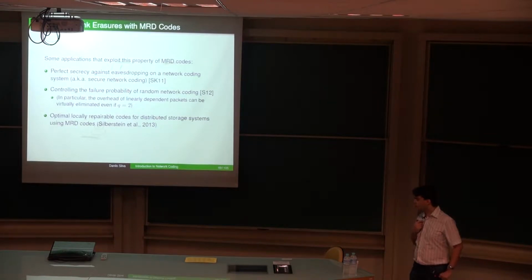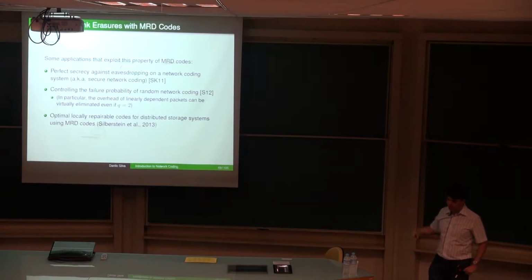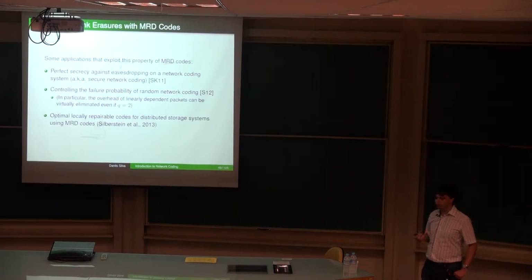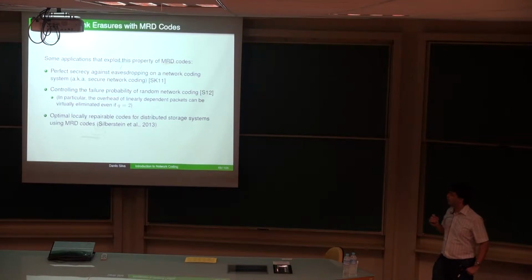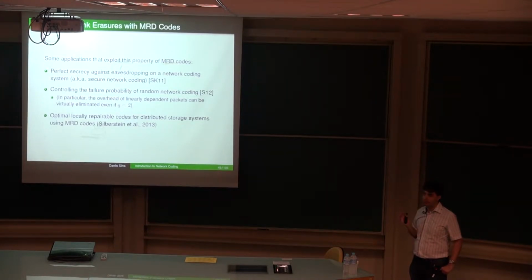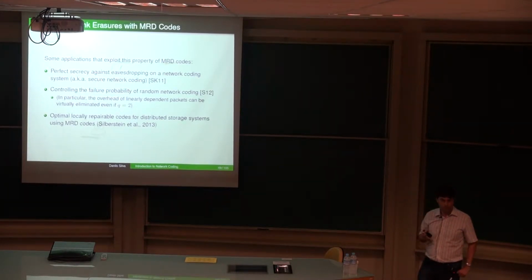So rather than going to a higher field, using a field of high cardinality to reduce the probability of receiving a dependent packet, you can even use q equal to 2, but then pre-code your data with the Gabidulin code, an MRD code, and then you can easily control that failure probability and make it as small as you wish.